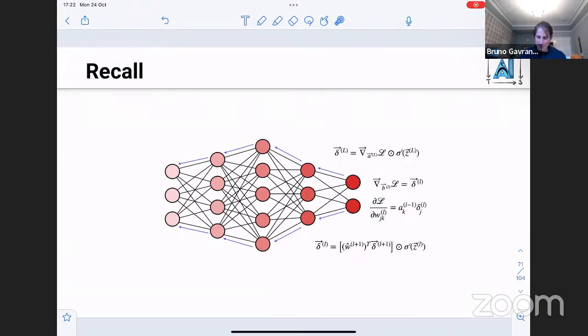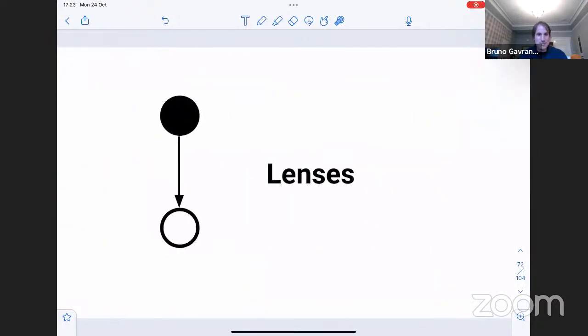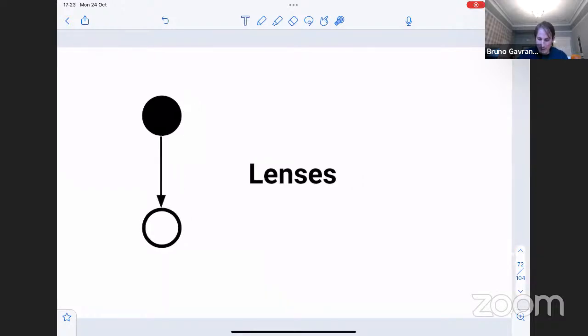If you think about backpropagation, look up any tutorials, it's notoriously an interesting thing to explain and has so many different perspectives. We might wonder whether this is modelable in category theory. The answer is going to be yes, and it's going to be modeled using something called lenses.